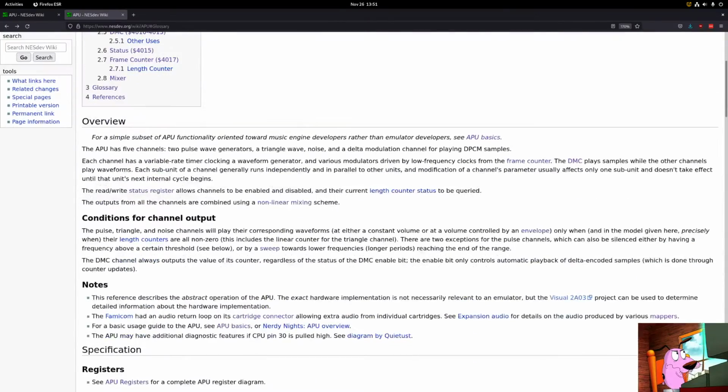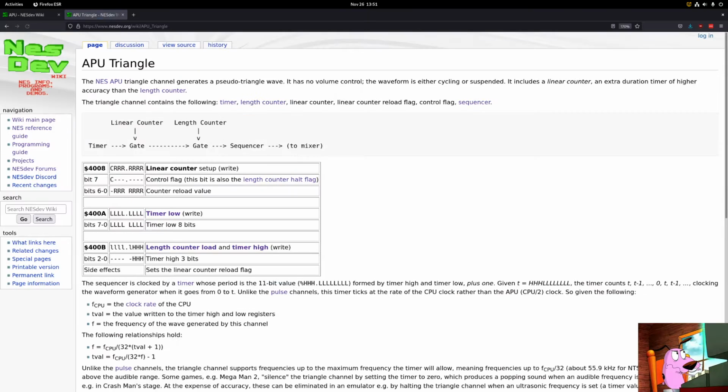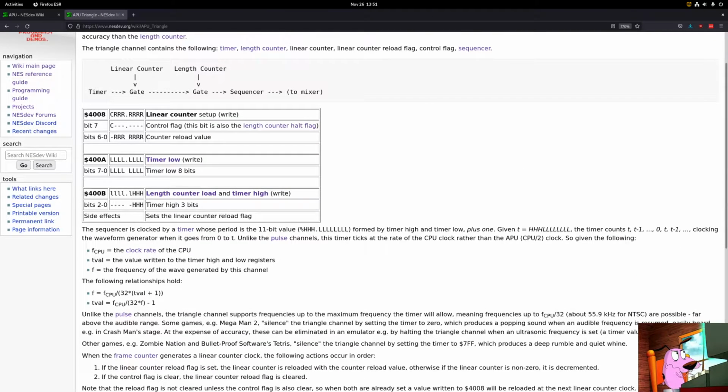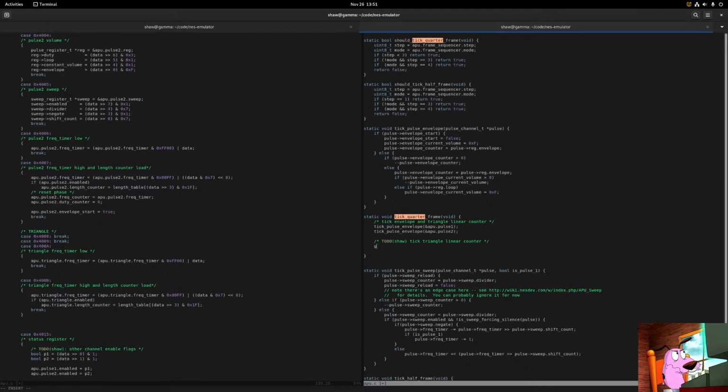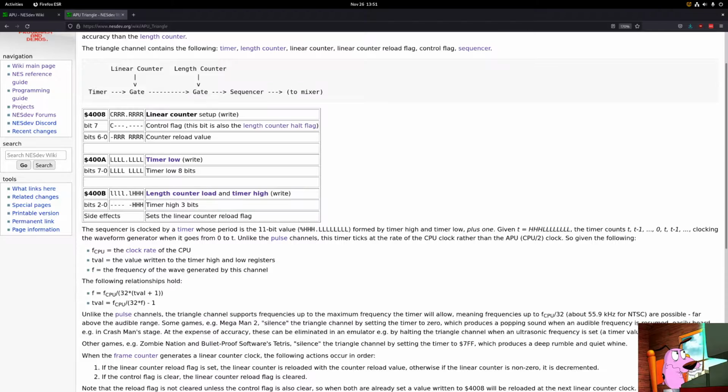I kind of lost my train of thought. Right, so we need to fill out this guy. So there's a control flag and a counter reload. Actually, you know what?